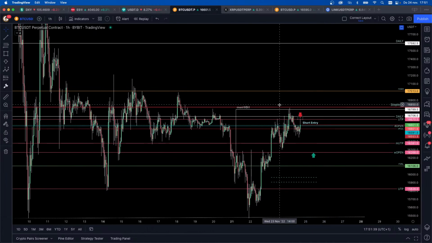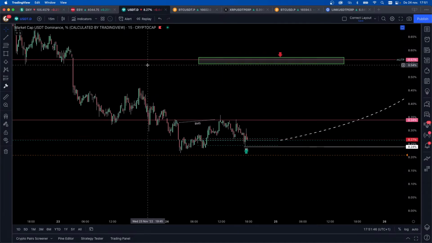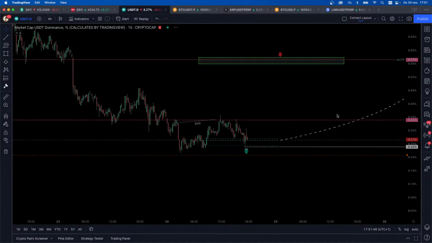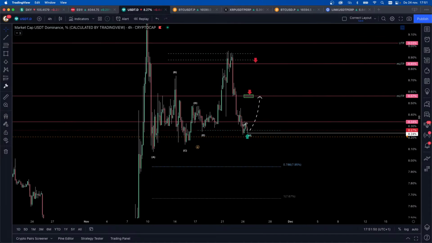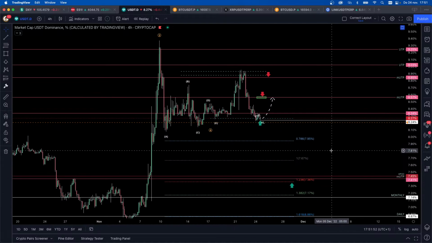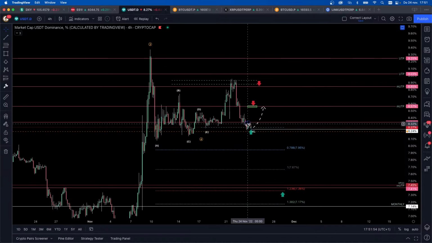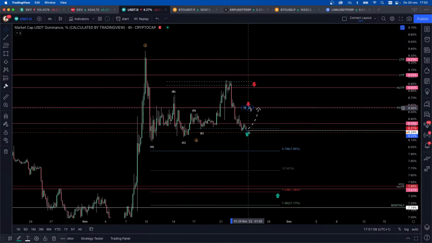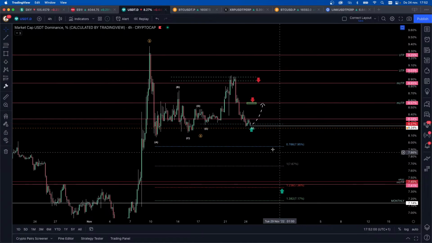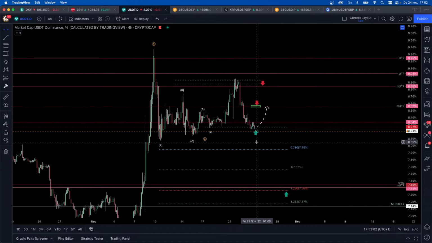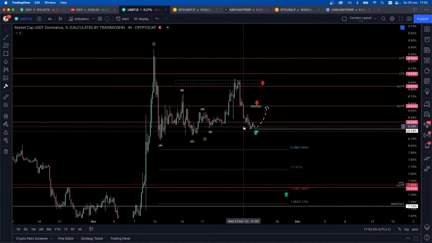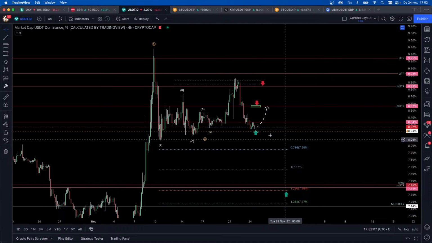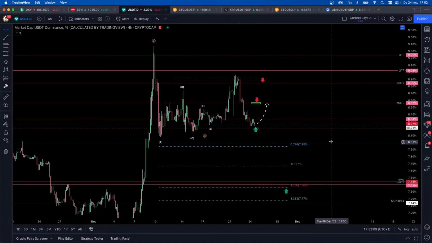We can all agree that this is a very difficult range, a very difficult period, as there are only two moves that can happen. Hit this level or hit this level. To hit this level, we need to hold this higher low.